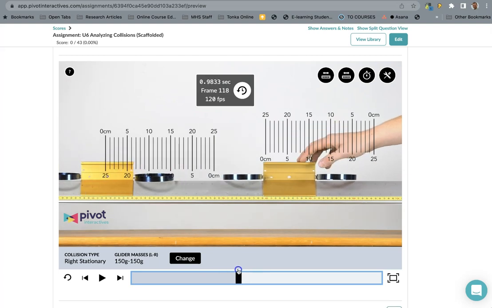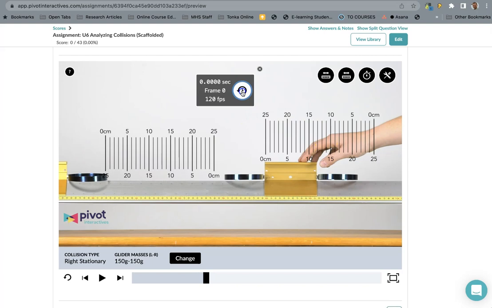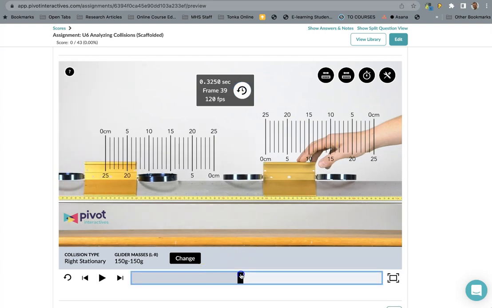I'll start my watch at 0 here and go forward until about there. That's 20 centimeters in 0.3917 seconds. Distance, 20, divided by time, 0.3917. That's my velocity that I can use in my kinetic energy equation.